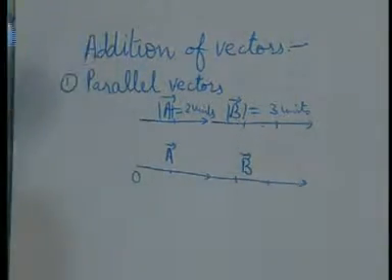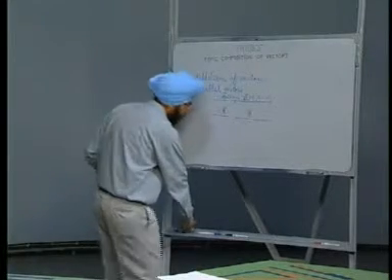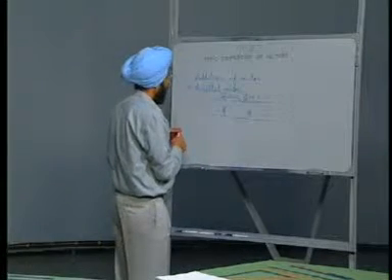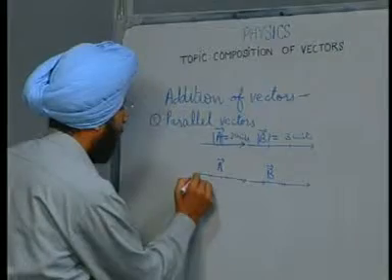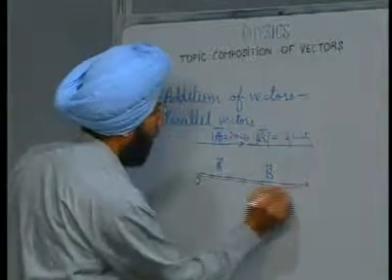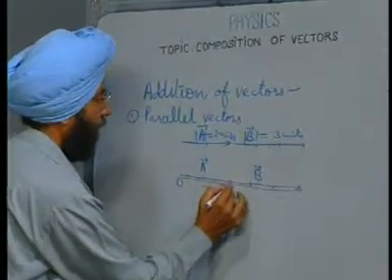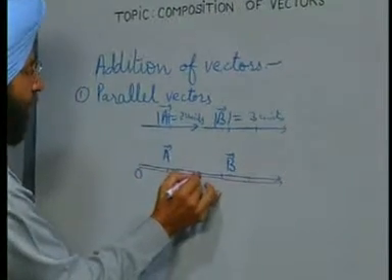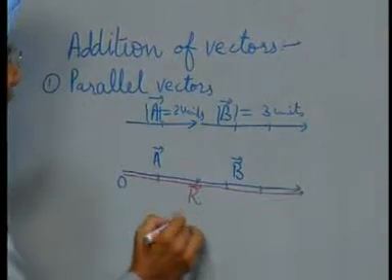Now, what is the result? Result of these two vectors is this new vector, which we call resultant vector R. This resultant vector has magnitude 5 units.